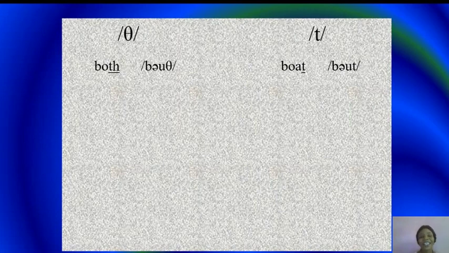Yes. Now let's go over to T. We have boat, like a speedboat in the sea that actually conveys people from one place to another in the sea. Boat.